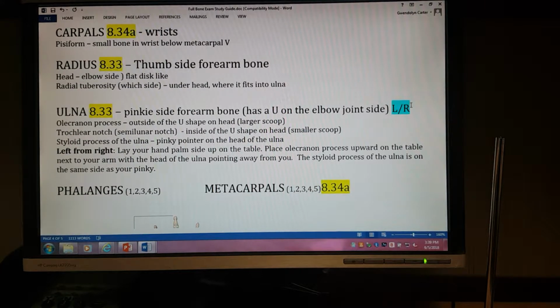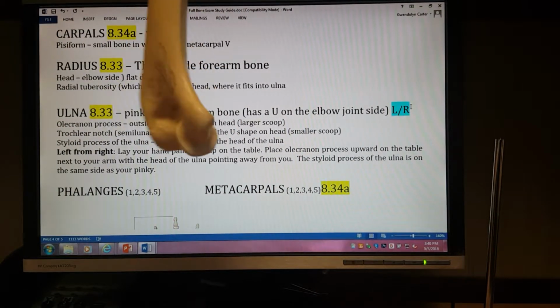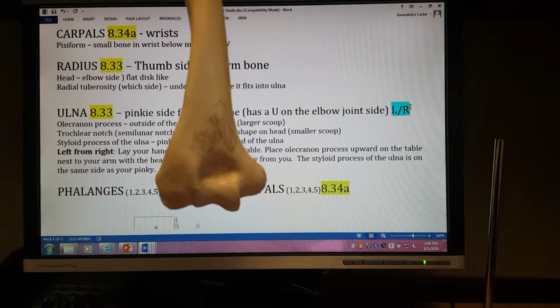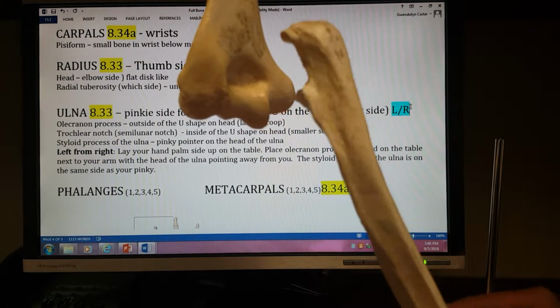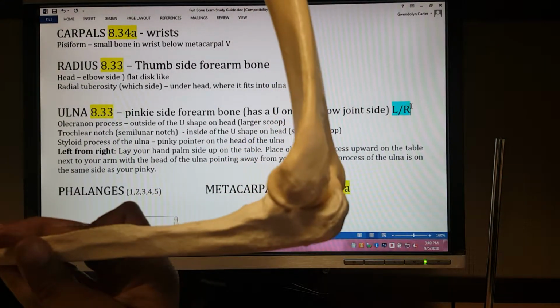So, going back to our ulna: it has a U on the elbow joint side. With your humerus and that little back dent that I told you about to determine which side is anterior or posterior, that little U is going to make that hook and form your elbow joint.